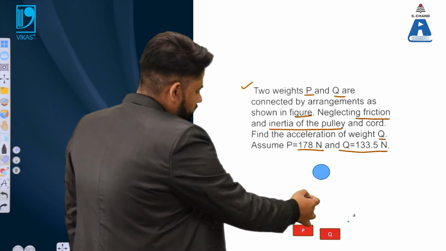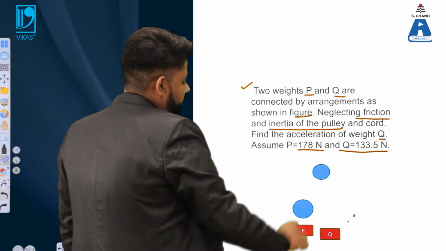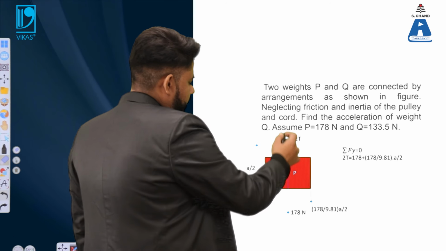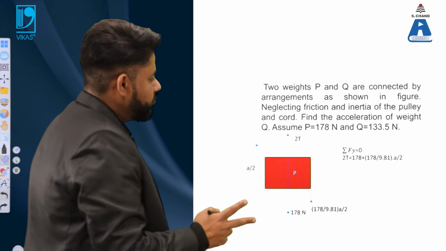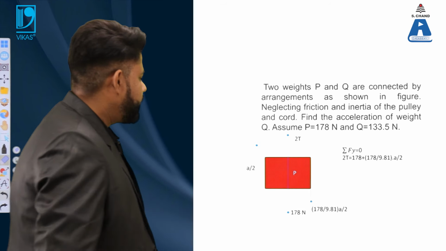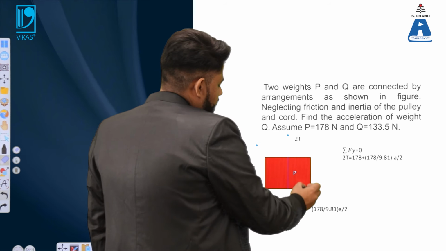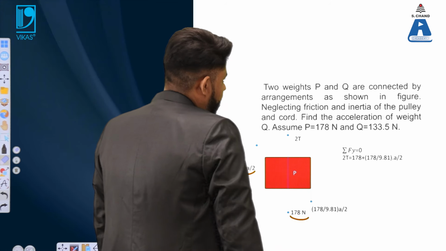The double tension is there because it is connected to another pulley. So it is 2T, and because it is connected to two pulleys, the acceleration becomes half. So the acceleration is A by 2, and here the force was 178.